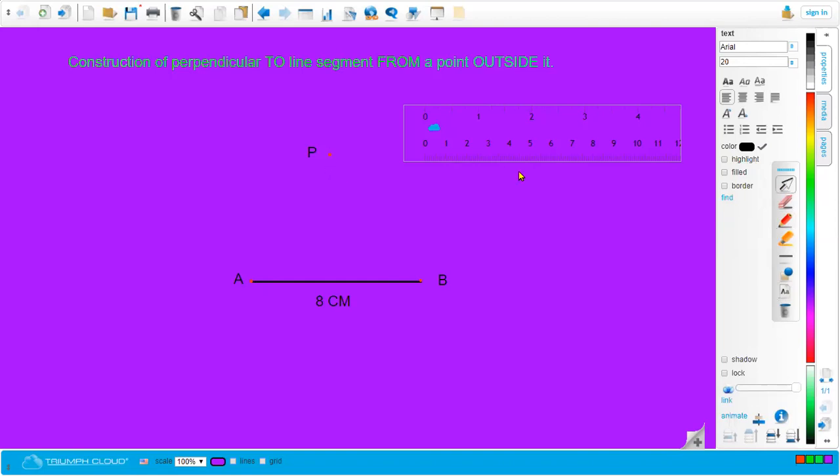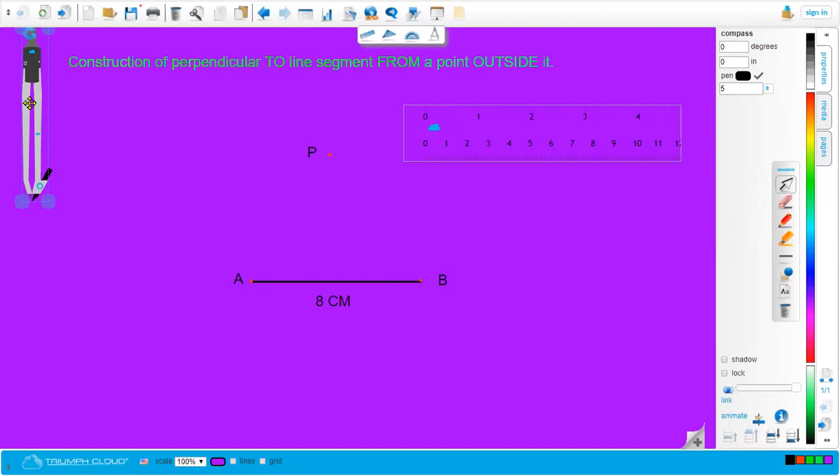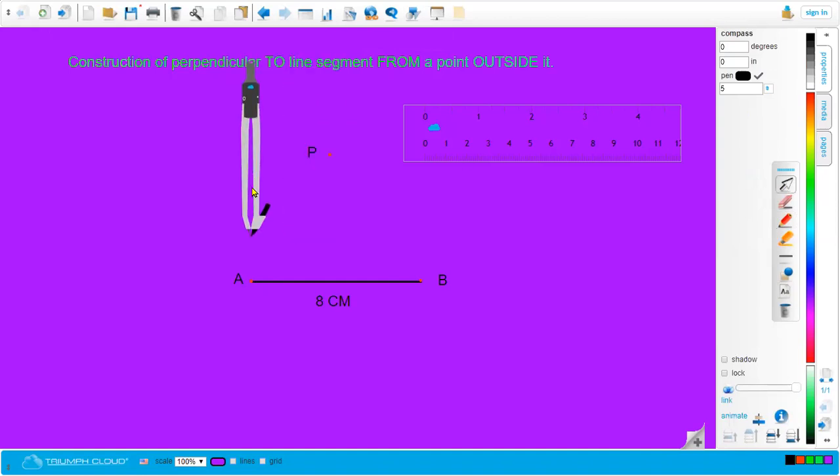This is the first step, just making the line segment, and the second step is taking the compass, with this point P as the center. Let me extend this compass.